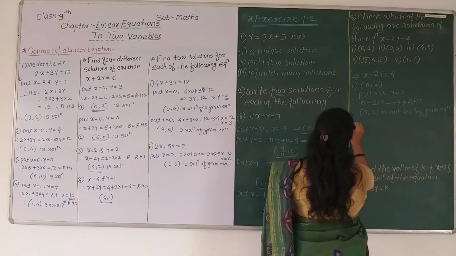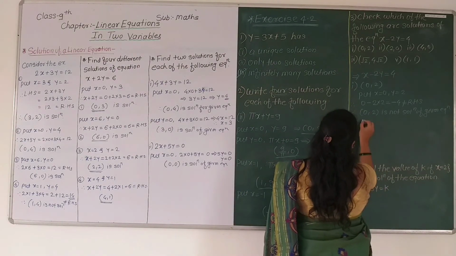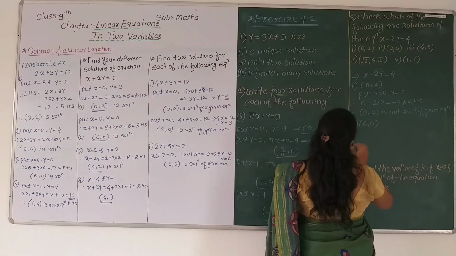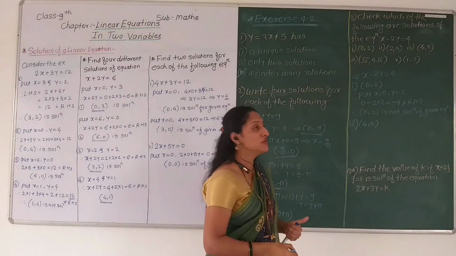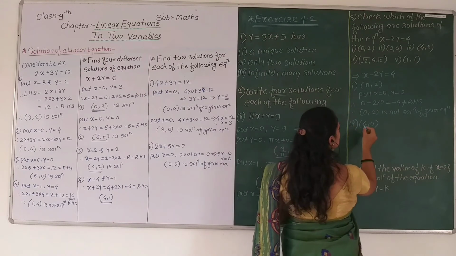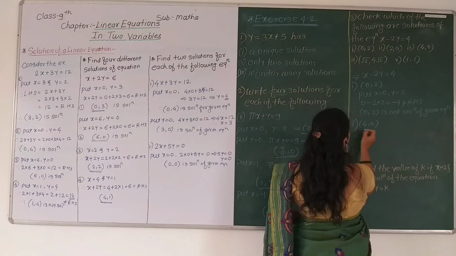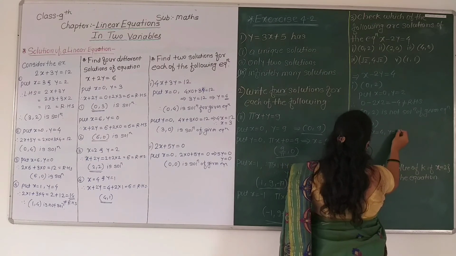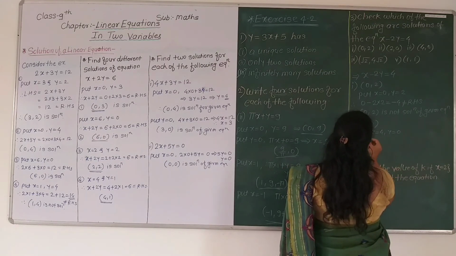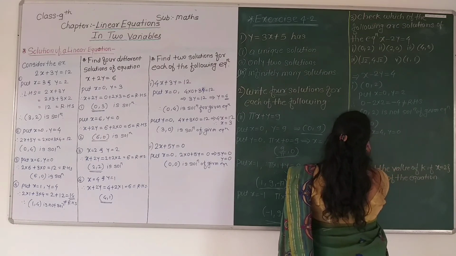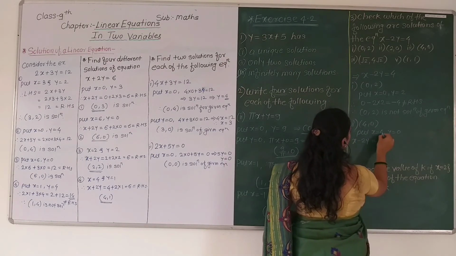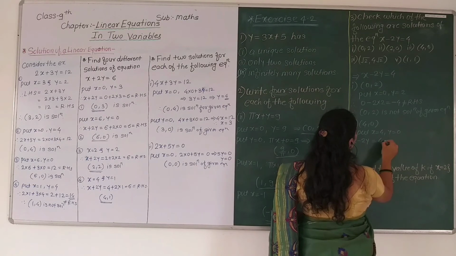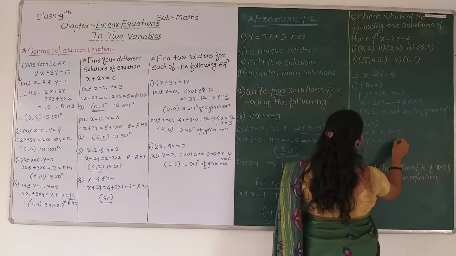Now let us check the third one, 4, 0. Let us check whether 4, 0 is a solution of this equation or not. Just substitute. Put x is equal to 4 and y is equal to 0 in the above equation. Our equation is x minus 2y. Let us check if LHS is equal to RHS or not. Substitute x is equal to 4 minus 2 into the value of y, which is 0.